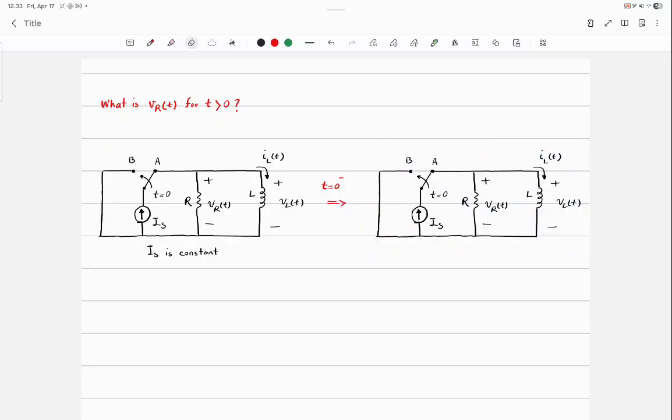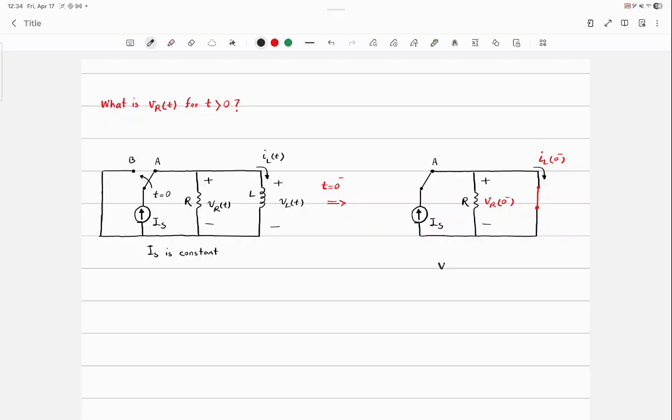So at t equals 0 negative, the circuit is like that. If you remember, the inductor was replaced with what? Short circuit. And also I'm going to change the labels, IL0 negative and VR0 negative.